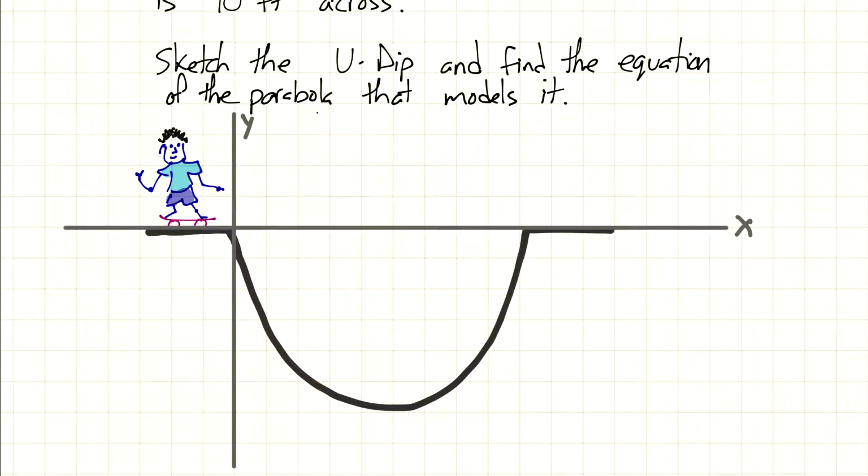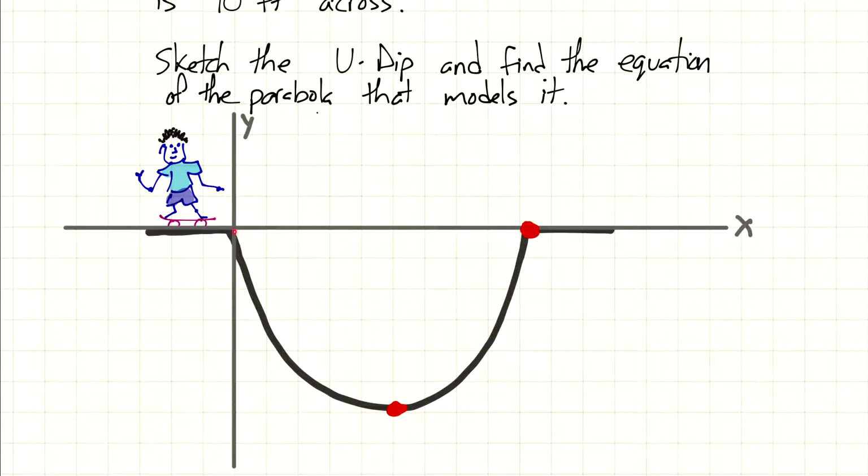All right, so let's label our points. I need to figure out where the vertex is. As usual, we always want to figure out where we end up. These are key points we want to use.